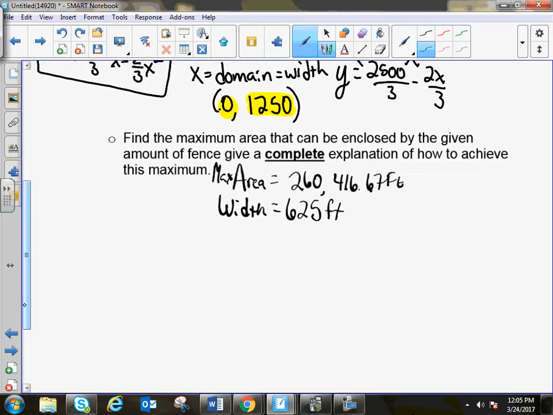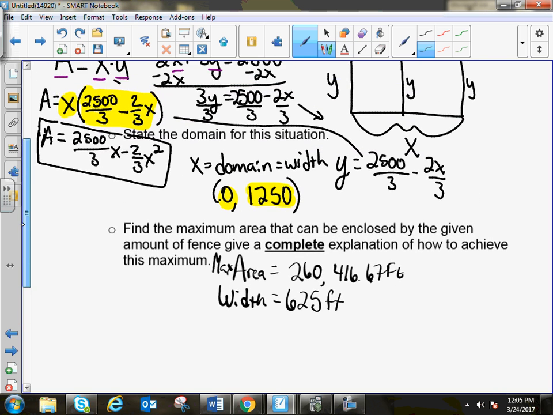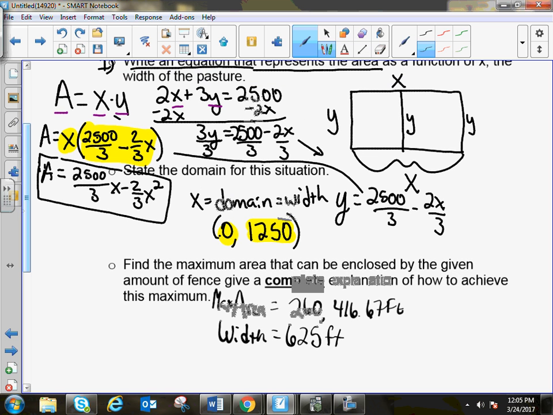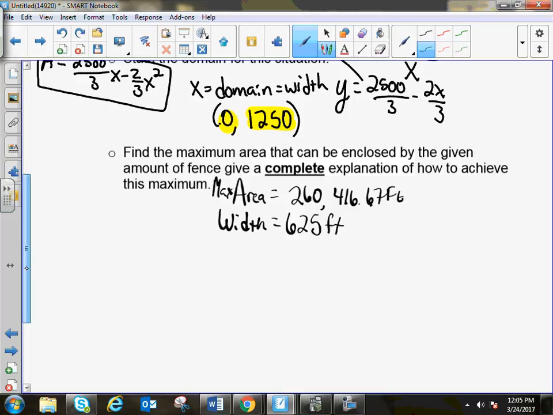So now I need a complete explanation of how to achieve the maximum. So let's see. I know the width, which is x. Now I need to know y. So let's plug that into our 2500 formula. So we have 2x plus 3y equals 2500.